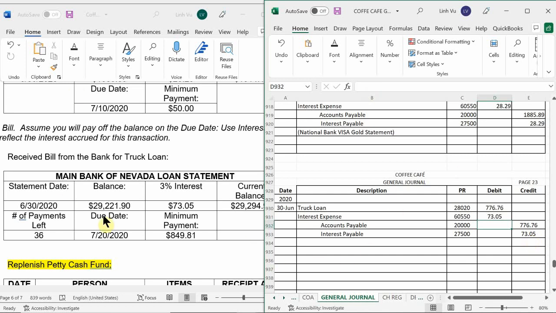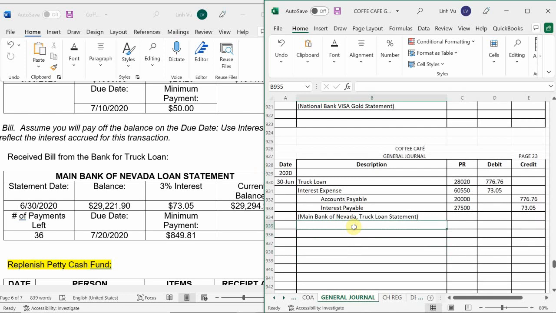And now that we have all our information here, I can go ahead and proceed. So this is Main Bank of Nevada, and this is the truck loan statement.